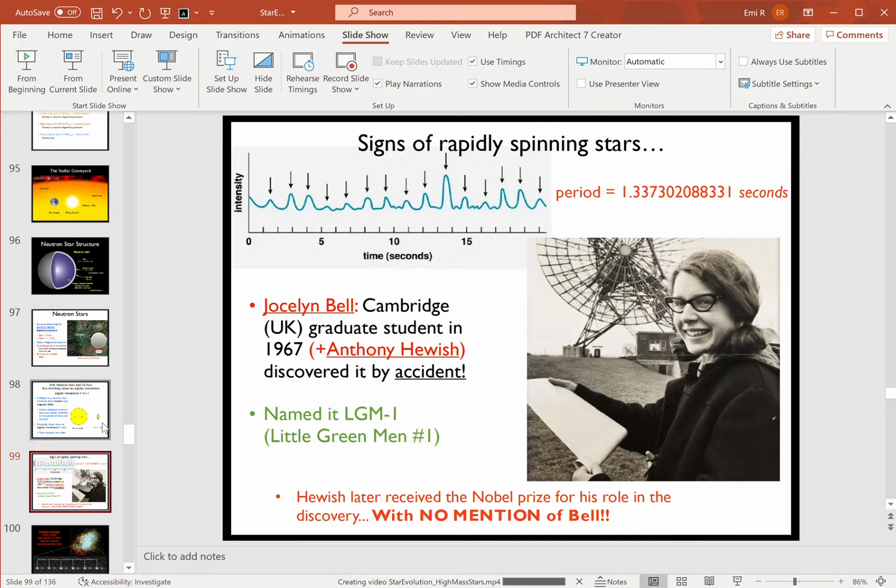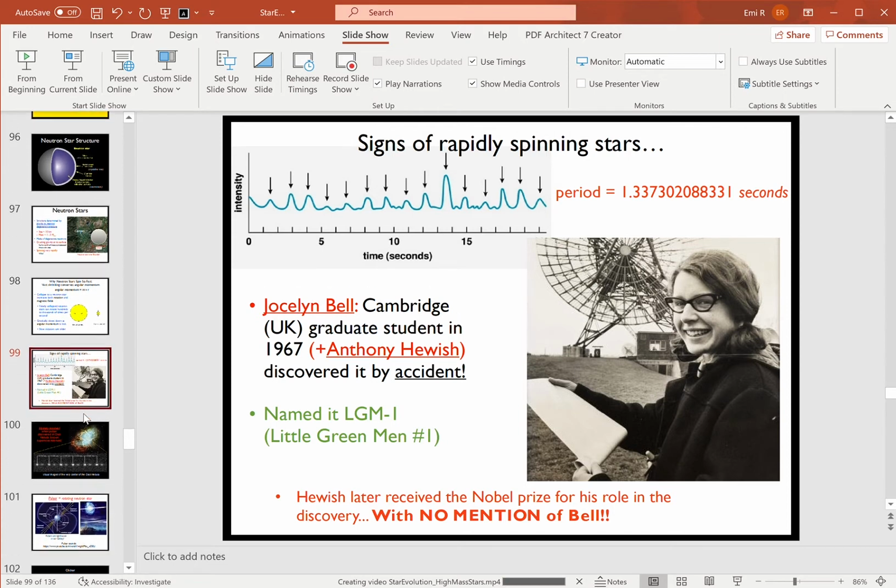That's an observation that was made by Jocelyn Bell at Cambridge while she was a graduate student, and she discovered it by accident. She was observing a star, and she saw signs of a rapidly spinning star that she originally named the little green man, because it was like a signal sent by an extraterrestrial.